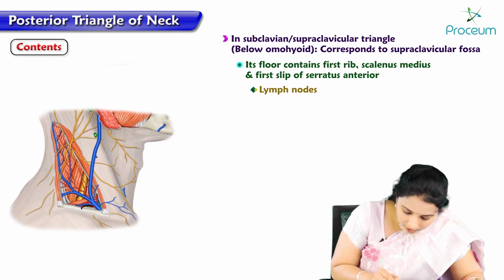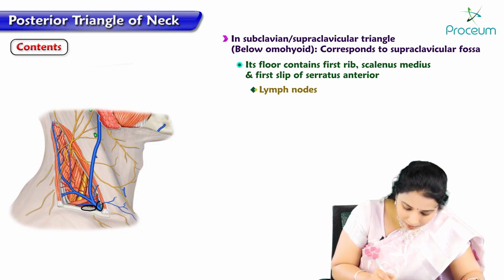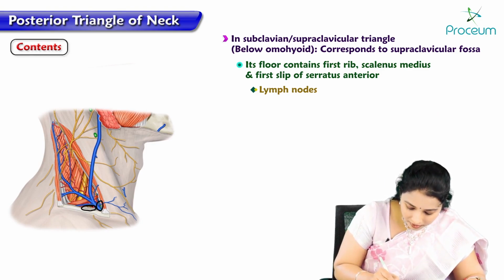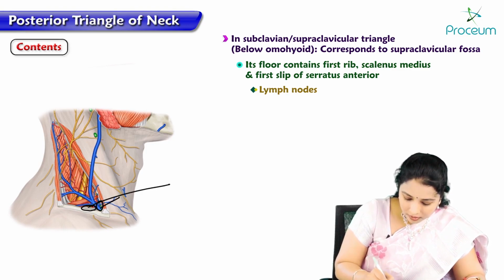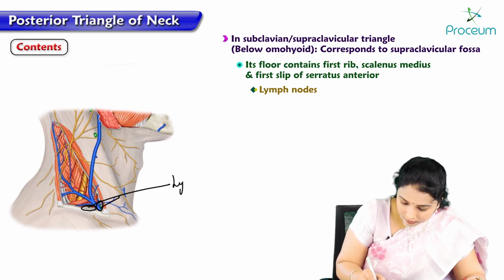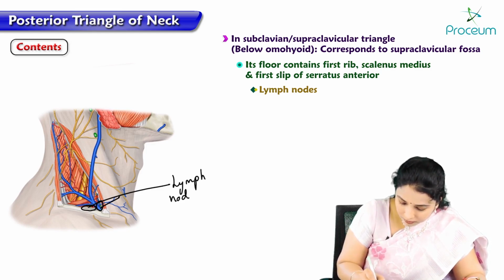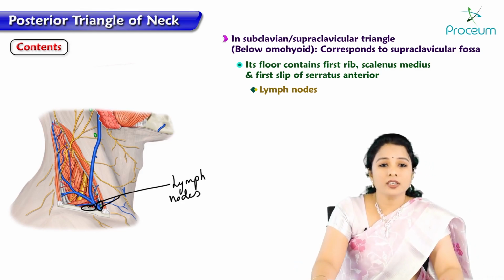We can see these green colored structures here which are present in the supraclavicular triangle or subclavian triangle. So these are the contents.